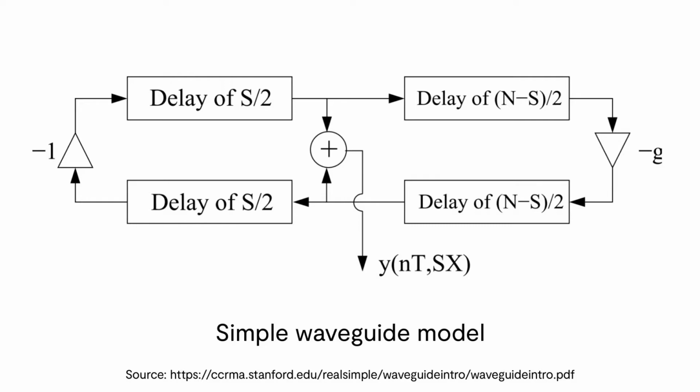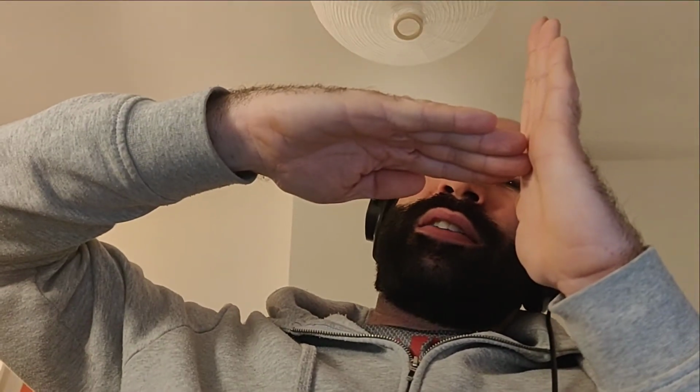And that's because the waves in the string are transversal waves, and so when the wave actually gets to the bridge of the string, then the string is going to go up and then it's going to go down like this, right? And so this literally just corresponds to a sign inversion. And we need to do that on the two extremities of the string, so on the left and on the right.